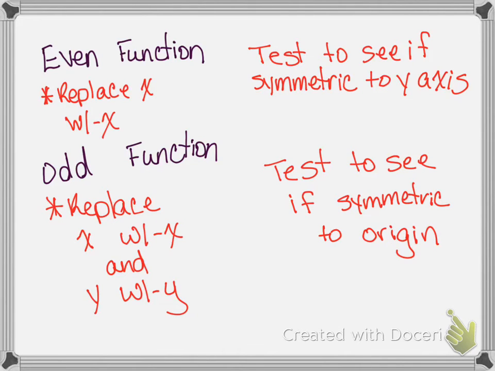And that's what you need to understand about even and odd functions. You can have an even function, you can have an odd function, or you can have neither. You can have neither an odd nor even. So right now I'm talking about odd functions. All odd functions have an odd exponent.